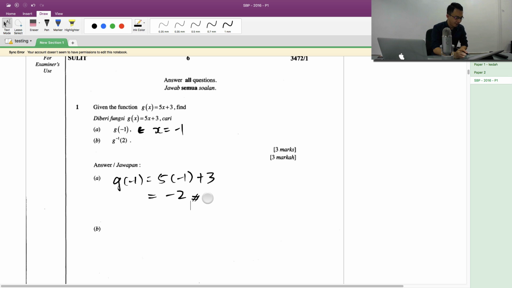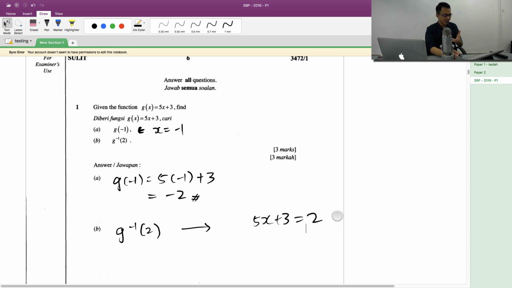Alright, very easy. Okay, this one, g inverse 2, actually means 5x plus 3 equals 2, because it's the same thing. Why do I say it's the same thing? This is g(x), right?